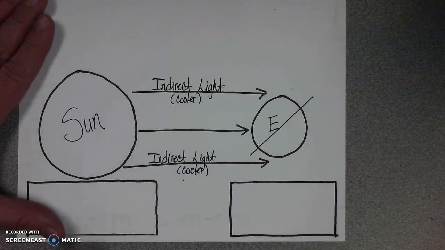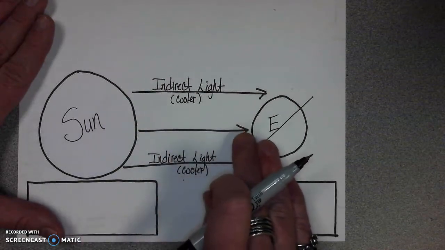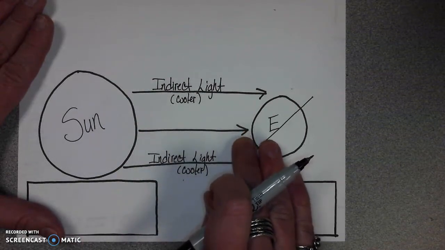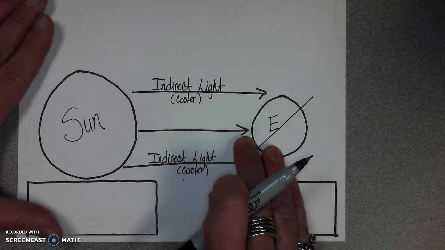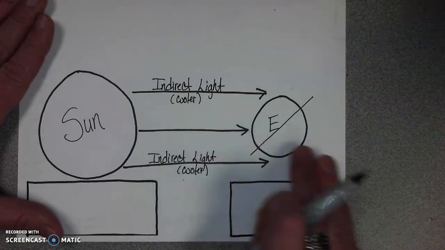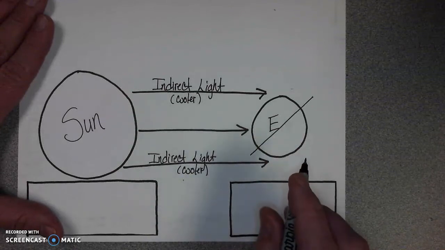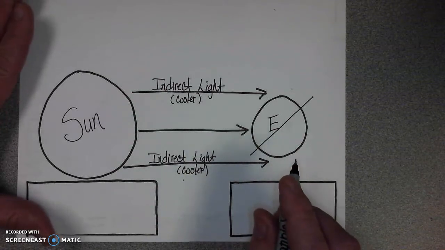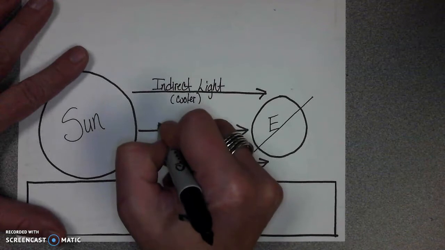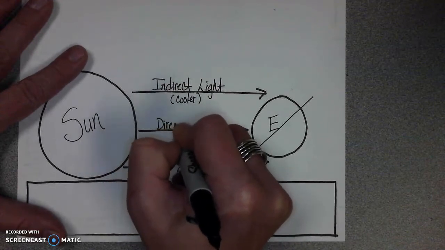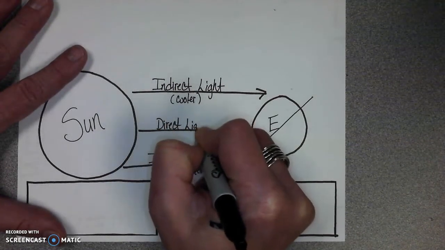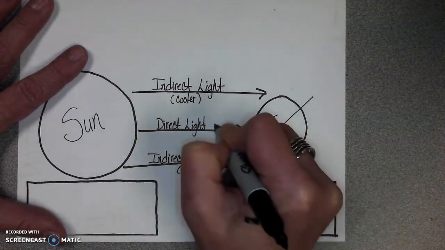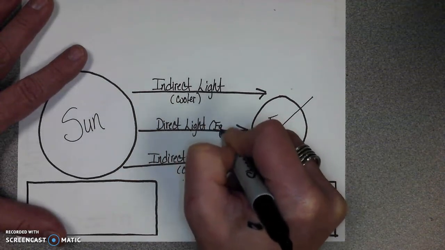Now, when the sun is directly hitting us, full force, I want you to think about where that would be hitting. If you were looking at a globe or a map, it would be hitting along the equator. So this direct light hits along the equator.